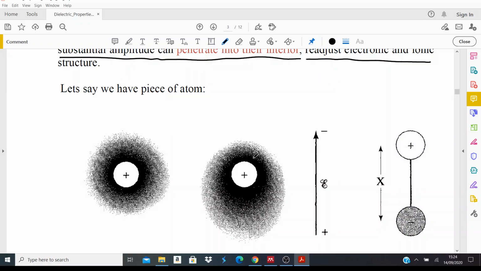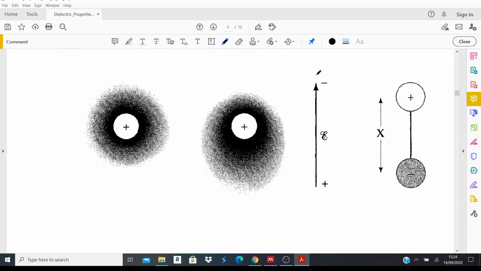But let's say now on this atom we are applying some external electric field in the material, and due to the insulating behavior, the electric field will penetrate inside the material and exert forces on the charges, right? So let's say the electric field we are applying is in this direction, and you can see the cloud of electrons will experience a force opposite to the electric field, right?